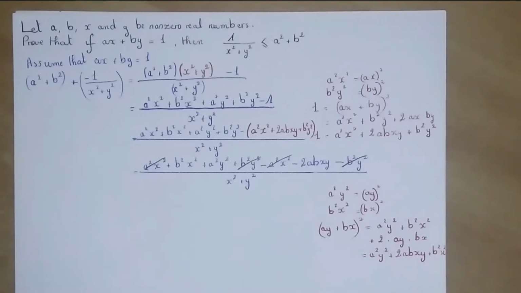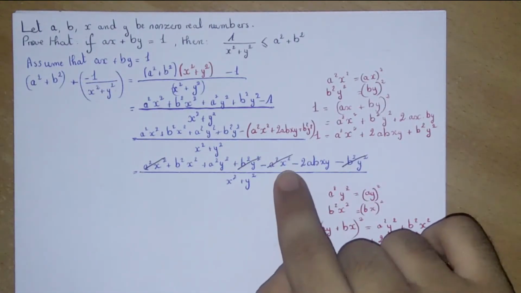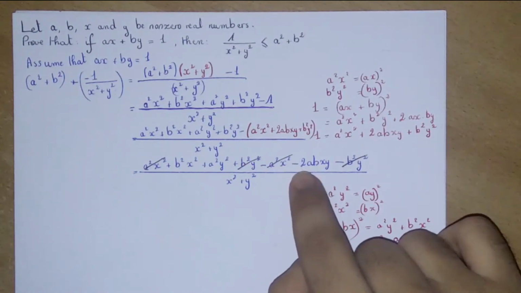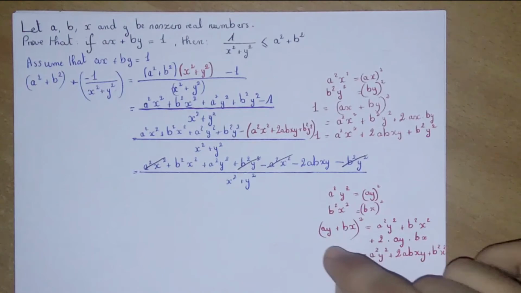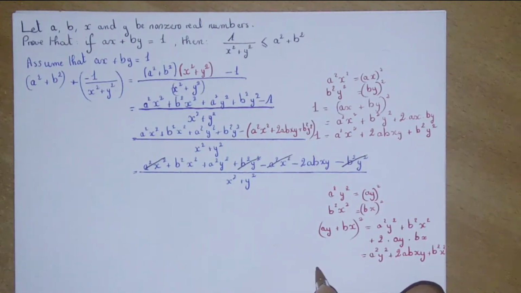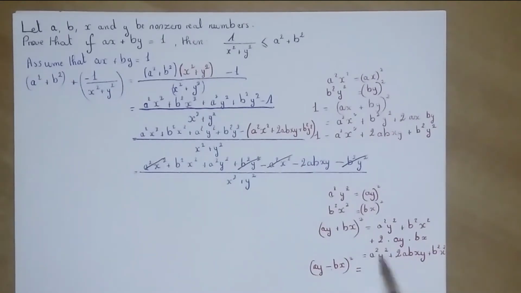Now if I look at my numerator, I have something which is quite similar to this, with just one difference, which is that there is a minus sign next to this term as opposed to a plus sign. So maybe I should consider instead the expression ay minus bx all squared. If I now have a look at ay minus bx all squared, it is going to give me the same expression as this one, just with a minus sign here instead of a plus sign.